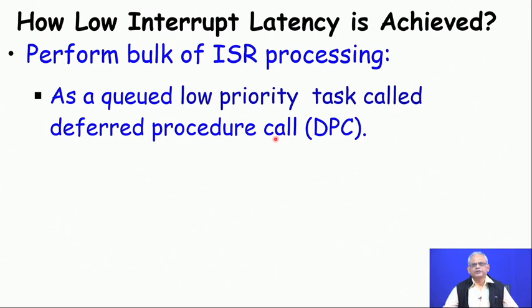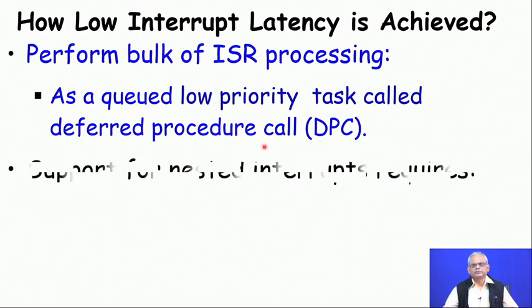Therefore, as soon as the interrupt occurs, the code that runs is a very small code that creates the deferred procedure call and queues it up. As you will see, this is the main technique that is used to achieve low interrupt latency.